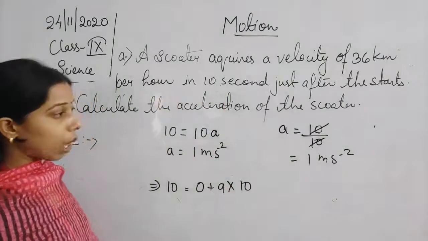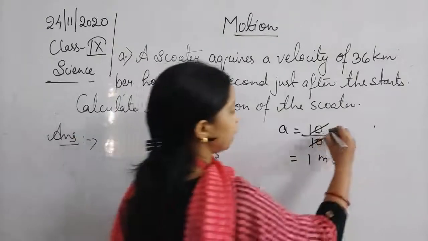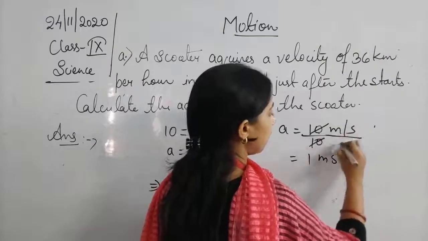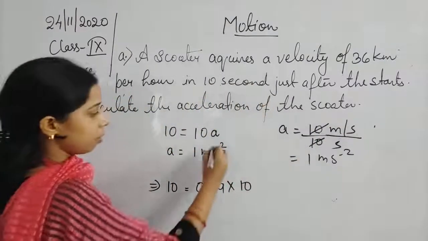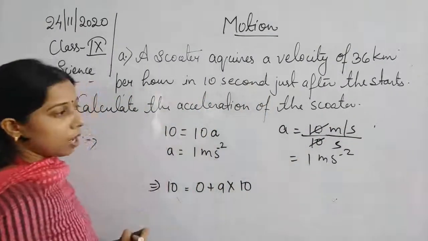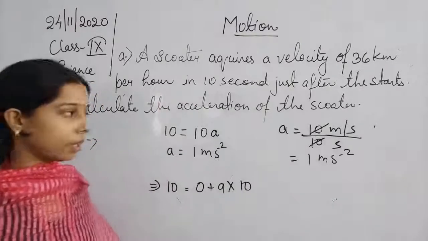How did the meter per second square come, students? Here it is 10 meter per second and here it is seconds, so meter per second divided by second gives meter per second square.